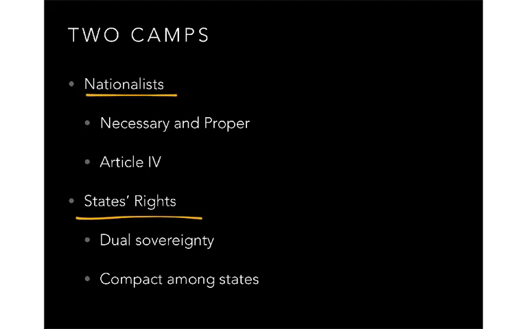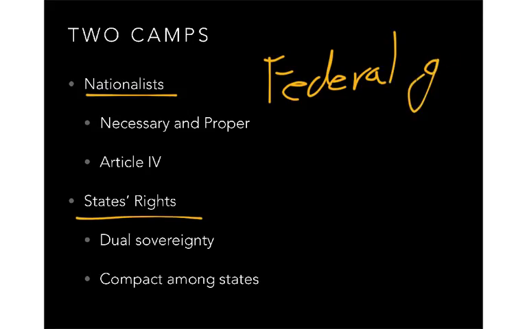Nationalists will argue that we need a government that tends towards the unitary form, where the federal government has the preponderance of power. And they're going to point to a couple of really important things. They're going to say, look, Article 1, Section 8 of the Constitution says that Congress has all powers necessary and proper for carrying out all these other things. So clearly we wanted an elastic, expansive Congress.